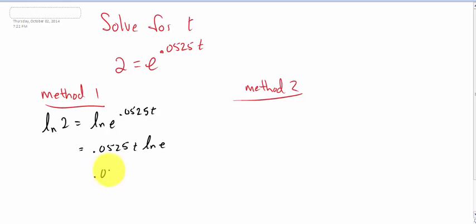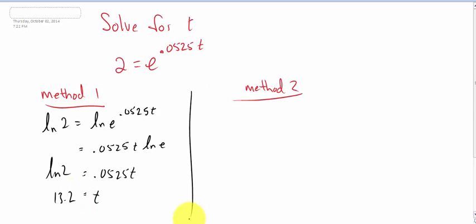So this is just 0.0525t equals natural log of 2. We can divide both sides, and we get t is approximately 13.2 using 3 significant digits. Okay, so that's one way.